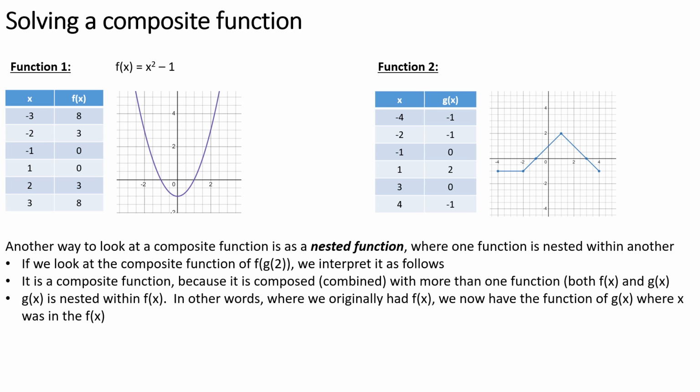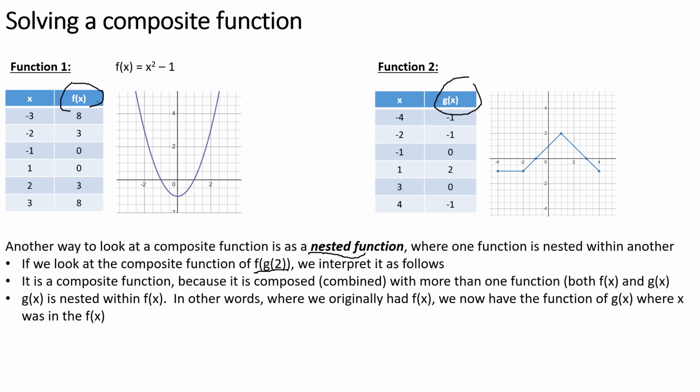Now, when we look at a composite function, this one is f of x. This one is g of x. As I said, a composite function is also known as a nested function because it's nested within there. This f of g of 2.